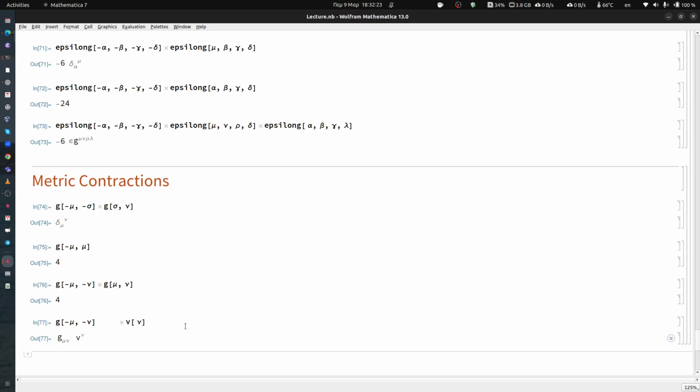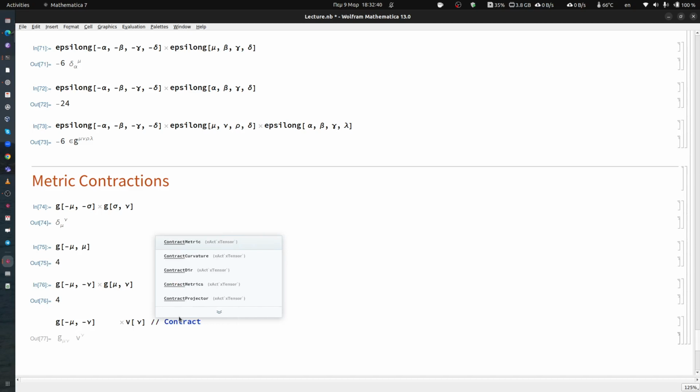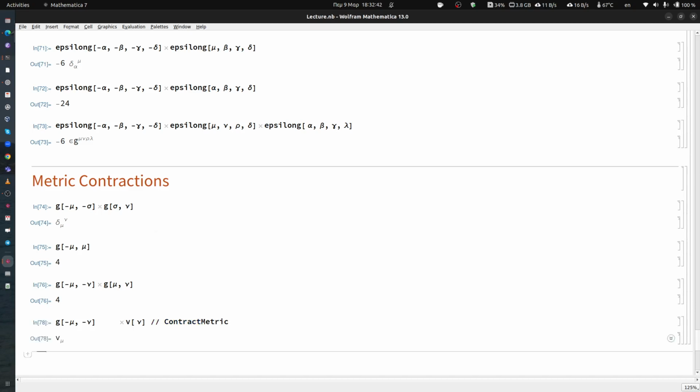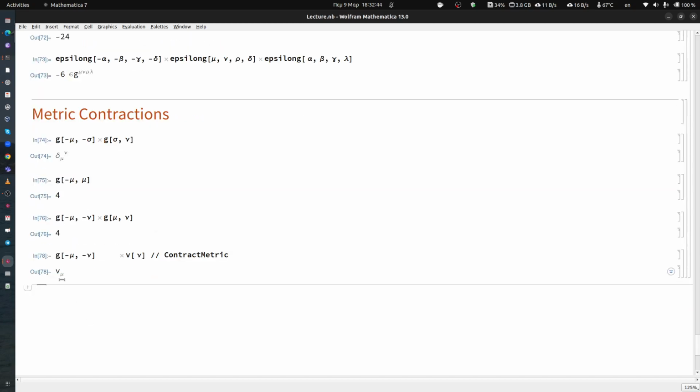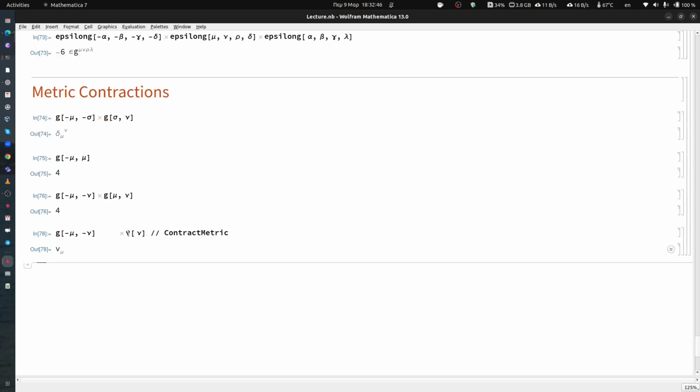But you see that this is not done, so I simply get this expression here. If you want to actually perform the contractions, you have to apply the function ContractMetric. And then you see that the result has the vector v with its index lowered correctly.